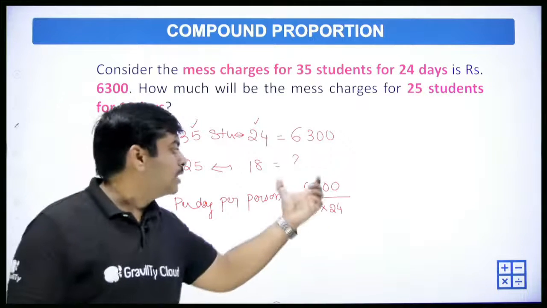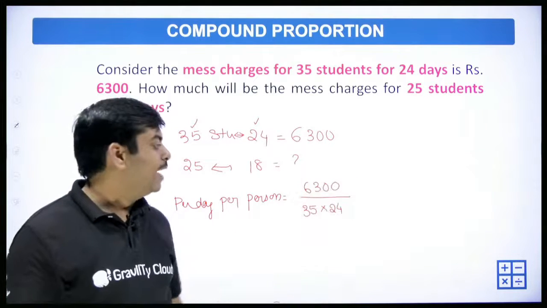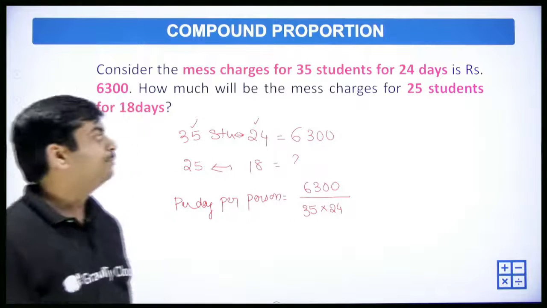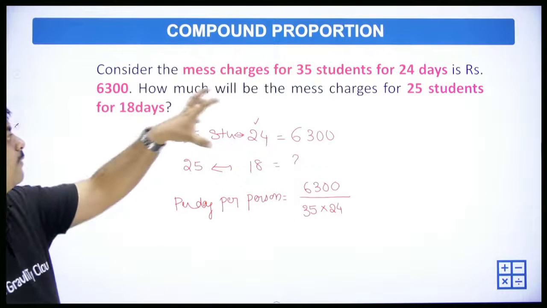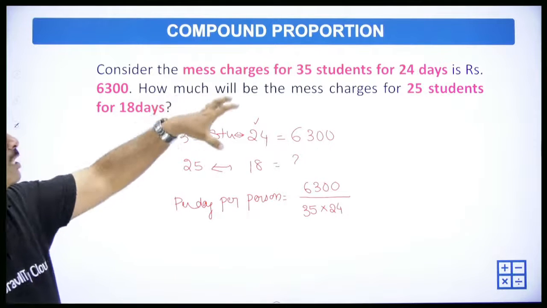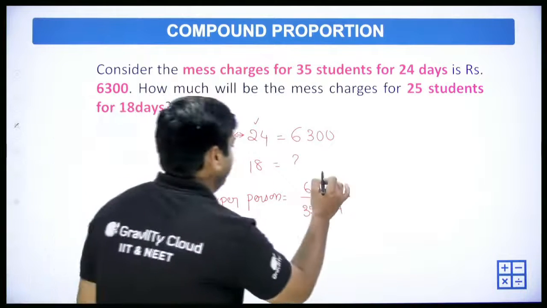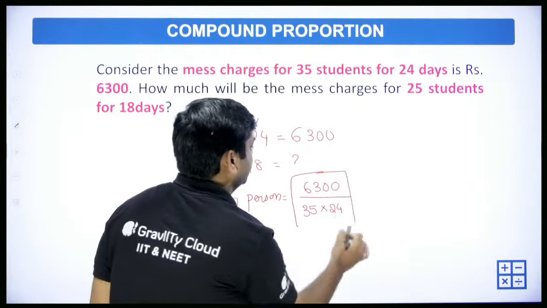The total 6,300 we need to divide among 35 students and 24 days. Now what is given? How much will be the mess charges for 25 students and 18 days? This is per day per student.